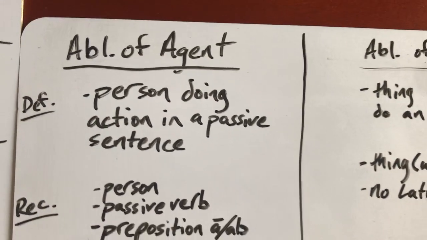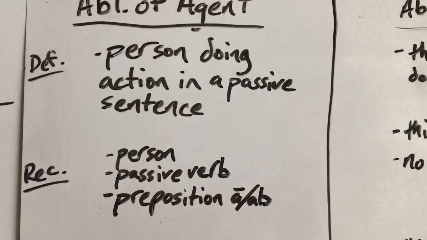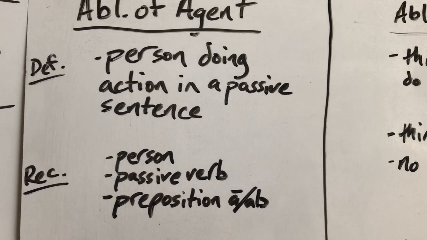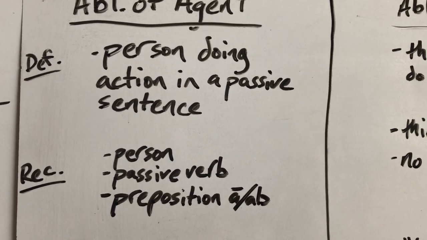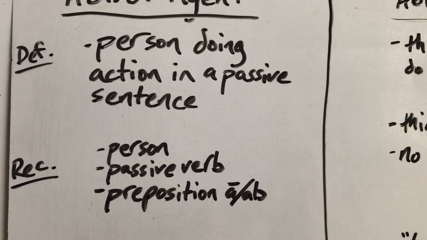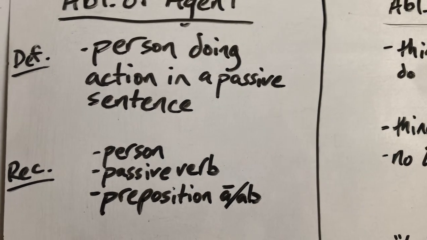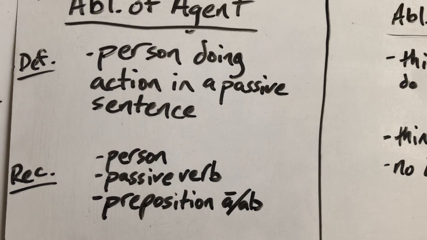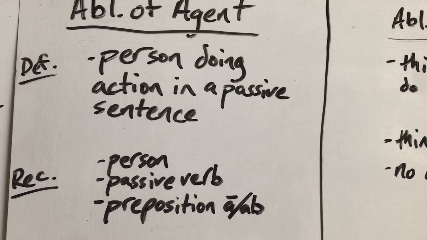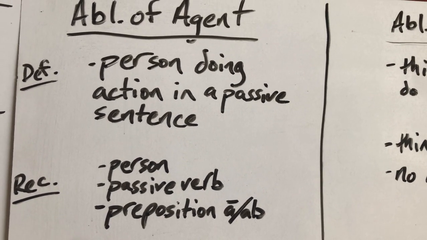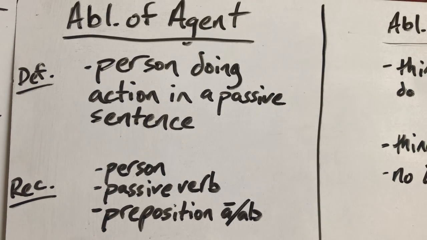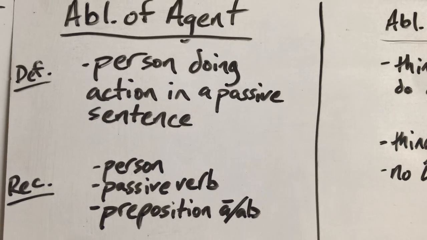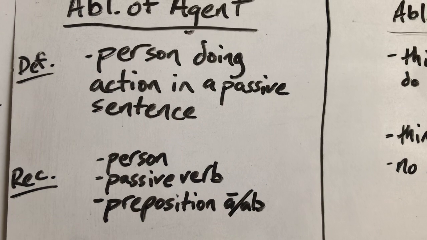Now, how to recognize it? There are three things to look for. First of all, it needs to be a person or some sort of animate being. I suppose an animal could be. Then you also have to have a passive verb. It can be present passive indicative or imperfect, future, whatever. It can even be a passive infinitive as well.